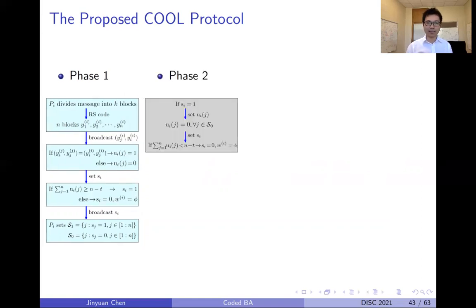The goal of the second phase is to mask the errors from the honest processors. If one processor has the success indicator as 0, it means that the encoded symbols sent from this processor cannot be trusted. So the link indicators connected to this processor need to be updated.